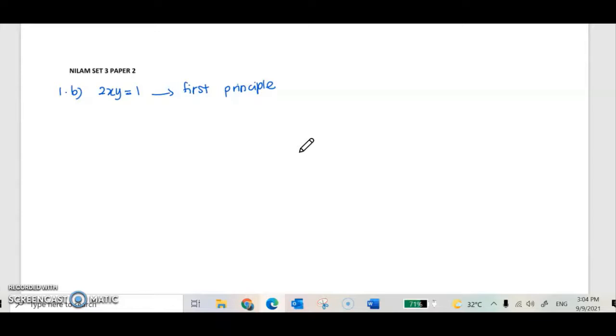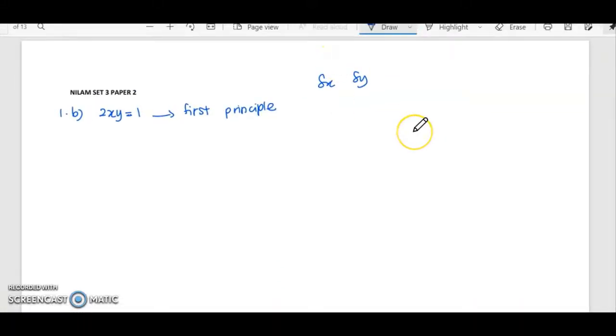So first thing first yang kena ingat, bila kita guna first principle, dia mesti ada dia punya delta x and delta y. What does it mean by delta x, delta y? It means that approximation, okay? As I explained before, apa yang dimaksudkan dengan approximation tu, yang ada perubahan pada nilai x dengan nilai y.